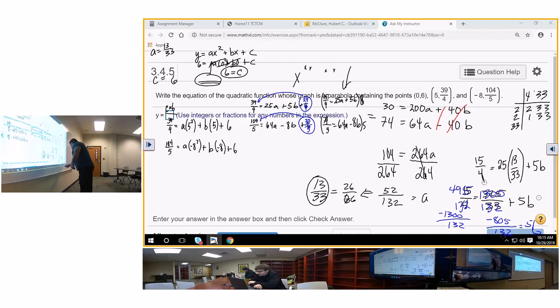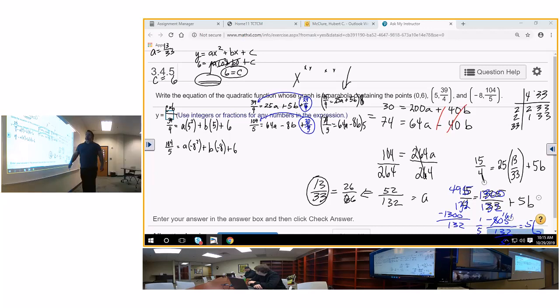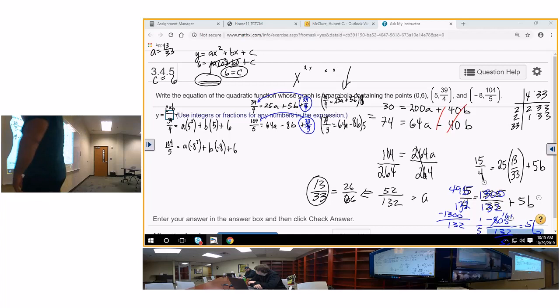Divide by 5 over 1, multiply by 1/5. So divide 805 by 5. What's 805 divided by 5? Okay, so that's going to be negative 161 over 132.